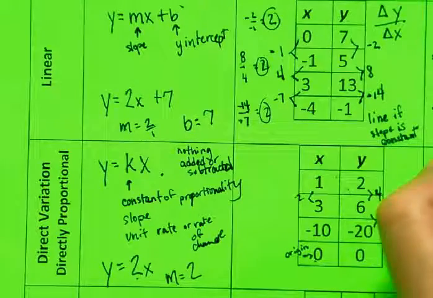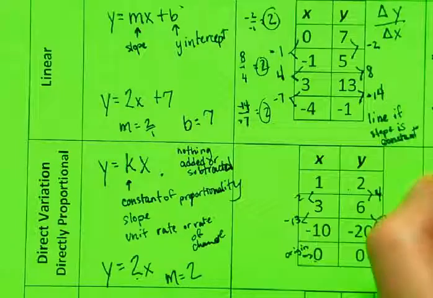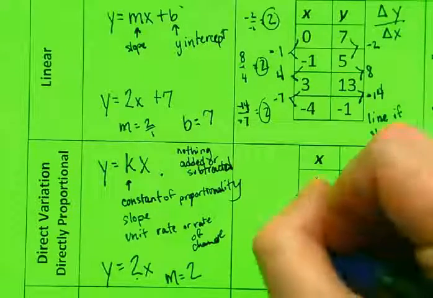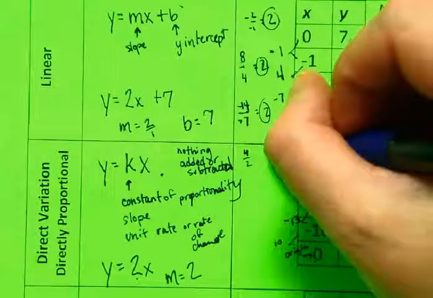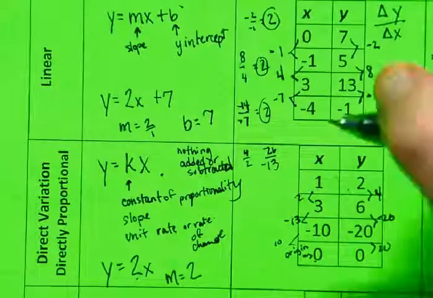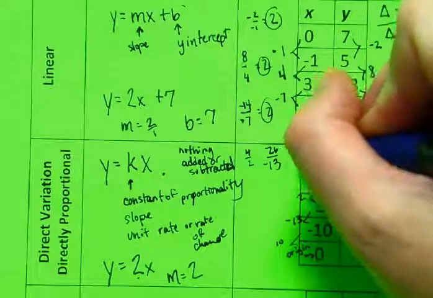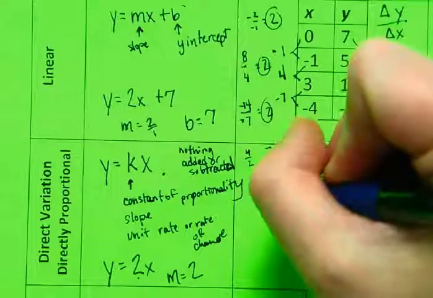This is a decrease of 26, a decrease of 13. This is an increase of 20, an increase of 10. So then you've got 4 over 2, negative 26 over negative 13, and then 20 over 10. All of those simplify to my slope is 2.